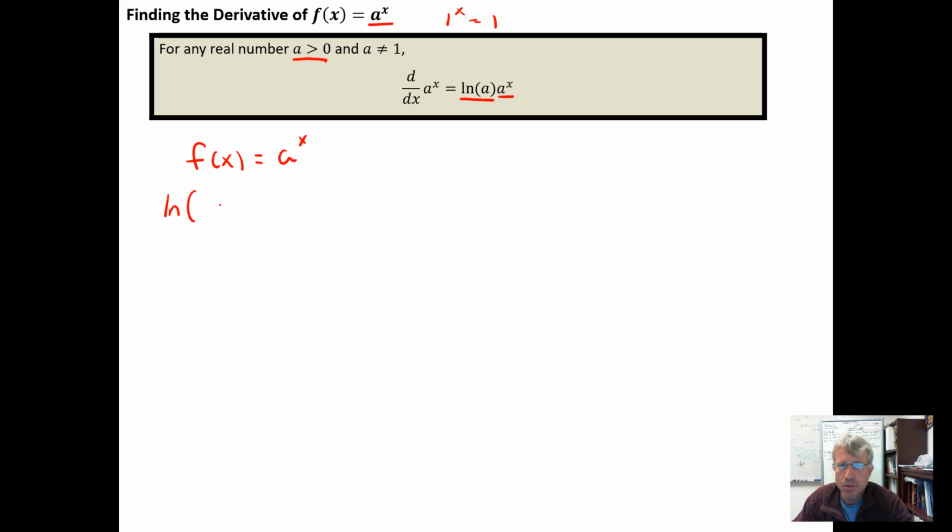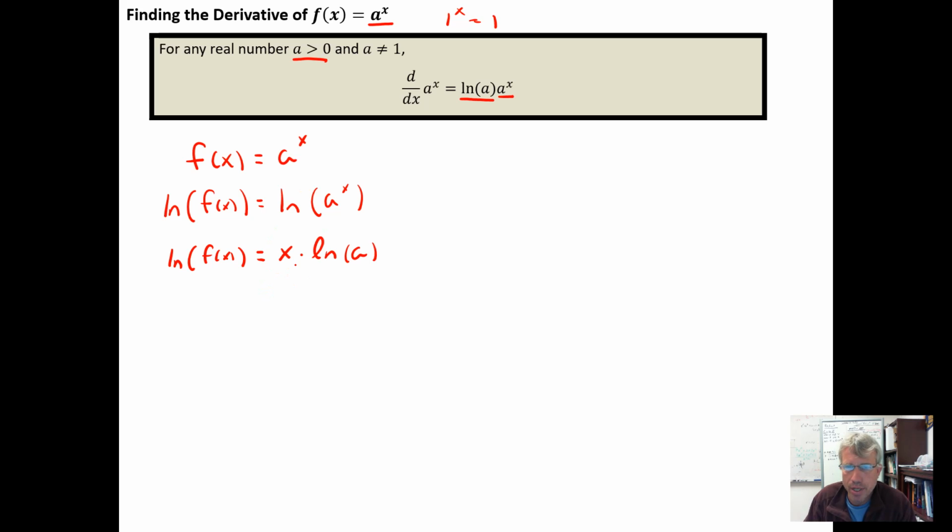So if I take the natural log of the left-hand side, I can then also take the natural log of the right-hand side. And then exponent rules for natural logarithms say that if we have a base to an exponent, the exponent can be pulled down into a coefficient position on the logarithm. So we can pull the exponent x down, and now we have the natural log of f of x equaling x times the natural log of a.